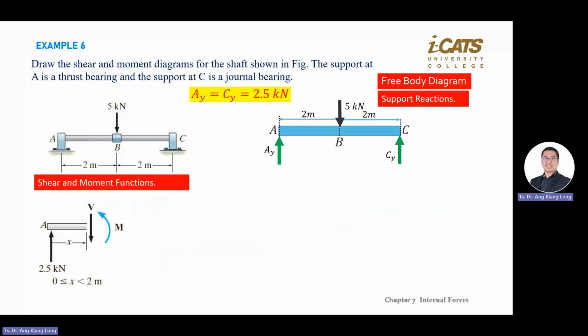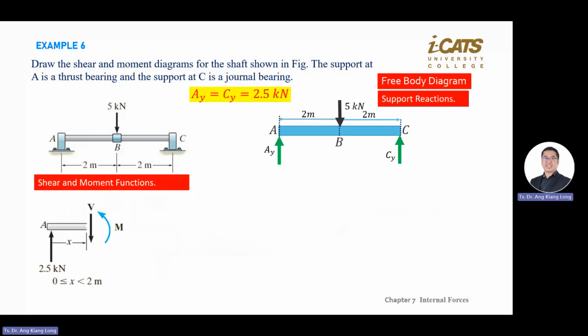And then from the earlier section, if the component is on the right, your shear force goes down and your moment is anti-clockwise. Here we do not put in the normal force because our intention is to draw the shear diagram and moment diagram. Of course, if you still want to put in the normal force, it is also correct, but the information isn't useful.